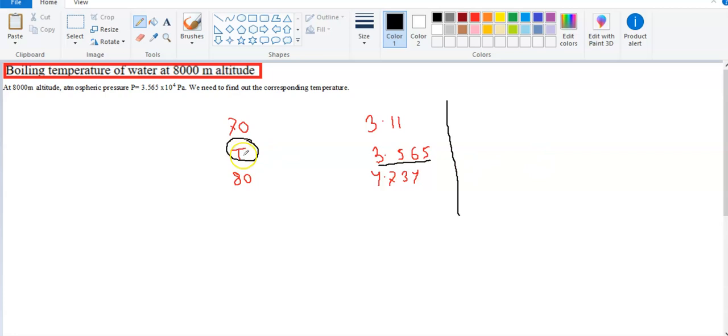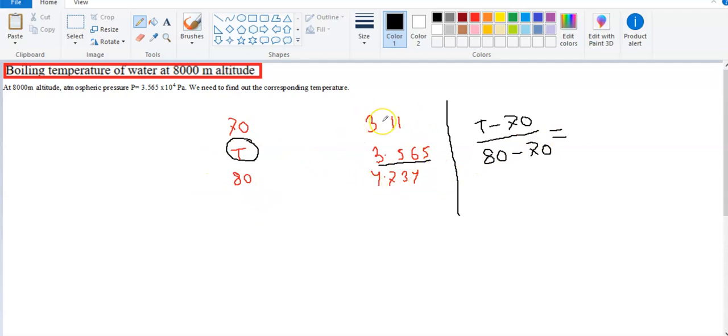First, your targeted value: T minus the first value, which is 70, over the end value, which is 80, minus the first value, 70.